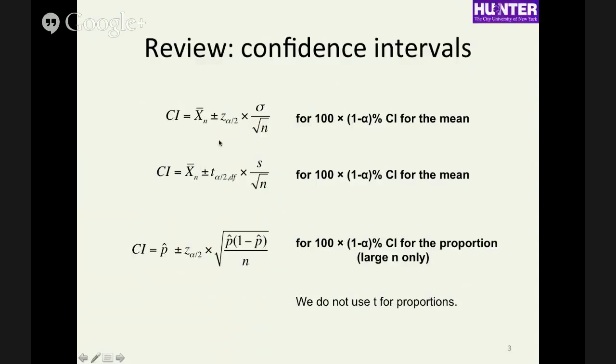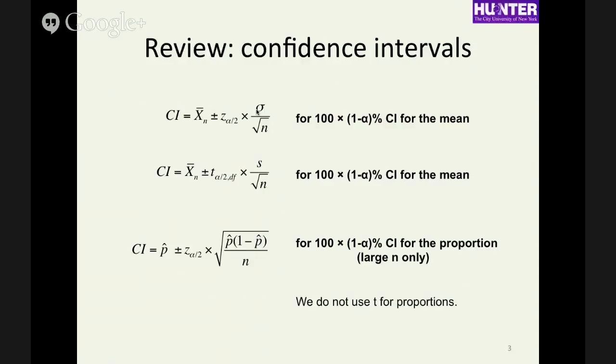In the first example, using the normal distribution, this is what we use when we know the standard deviation from the population. We're not having to estimate it from the sample. To construct the confidence interval, we took the mean estimated from our sample plus or minus the critical value for Z given the confidence level that we want.